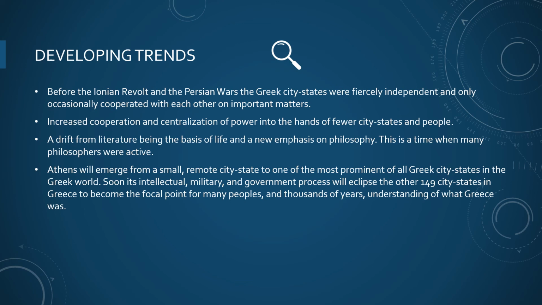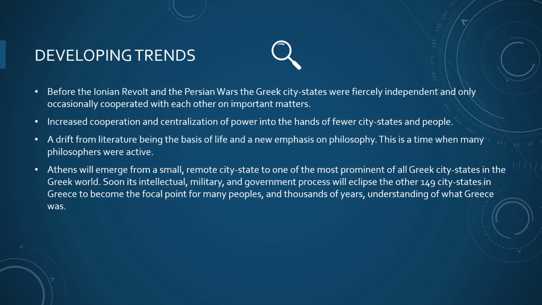Athens will be the first and maybe the only thing that they know regarding Greek history and the development of democracy. While there were 149 other city-states that had some form of government that went from fully democratic, radical democratic, to totalitarian or authoritarian, such as Sparta.